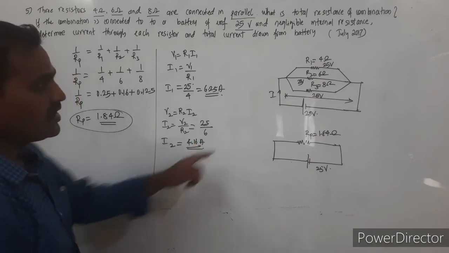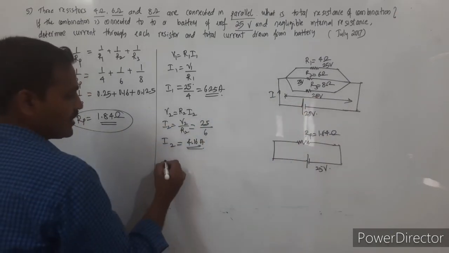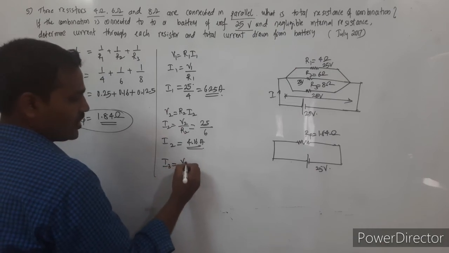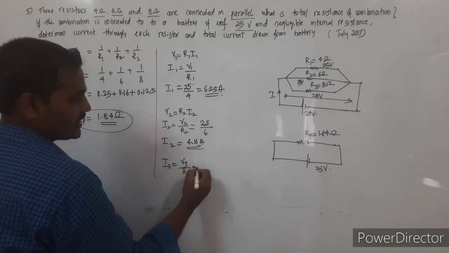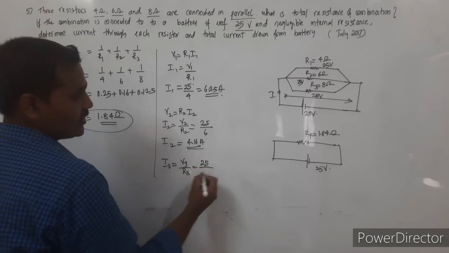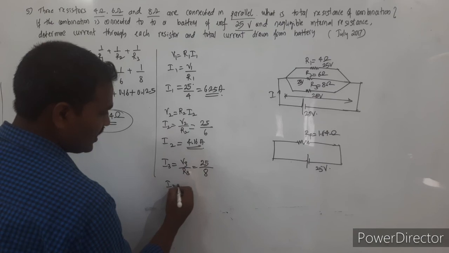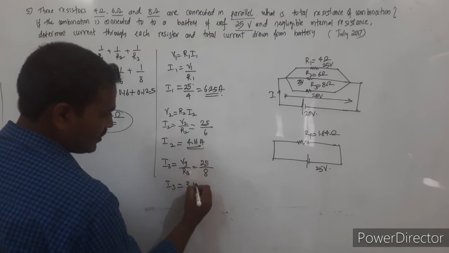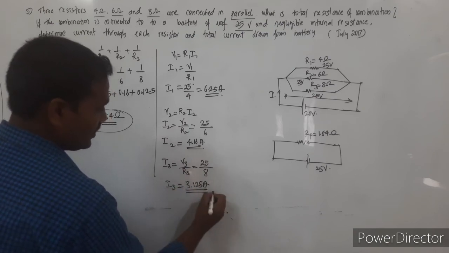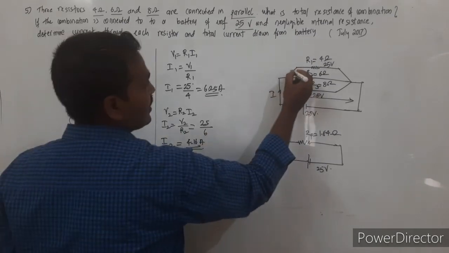Similarly, for the third resistor, I will directly write I3 is equal to V3 divided by R3, that is 25 volt divided by R3, which is 8. So this comes out to be 3.125 amperes.